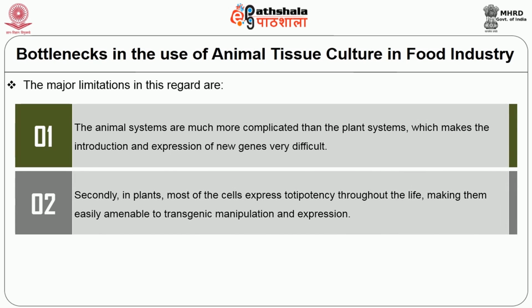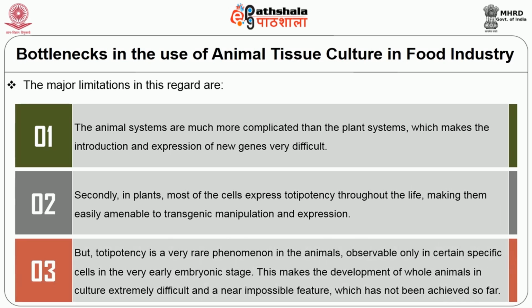Secondly, in plants, most of the cells express totipotency throughout life, making them easily amenable to transgenic manipulation and expression. But totipotency is a very rare phenomenon in animals, observable only in certain specific cells in the very early embryonic stage. This makes the development of whole animals in culture extremely difficult and a near impossible feat, which has not been achieved so far.